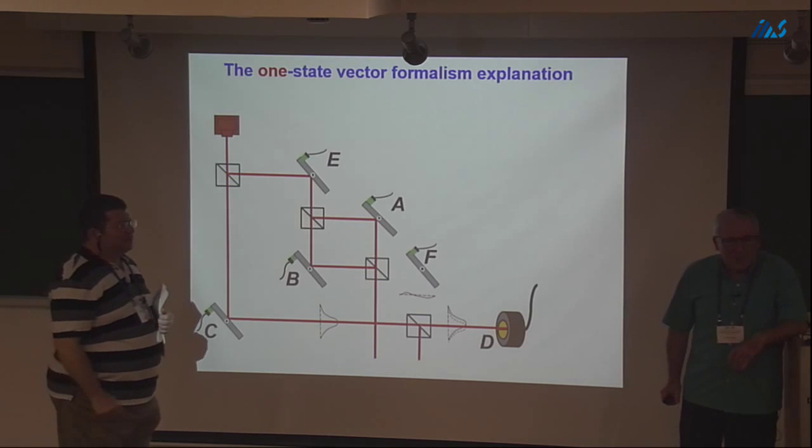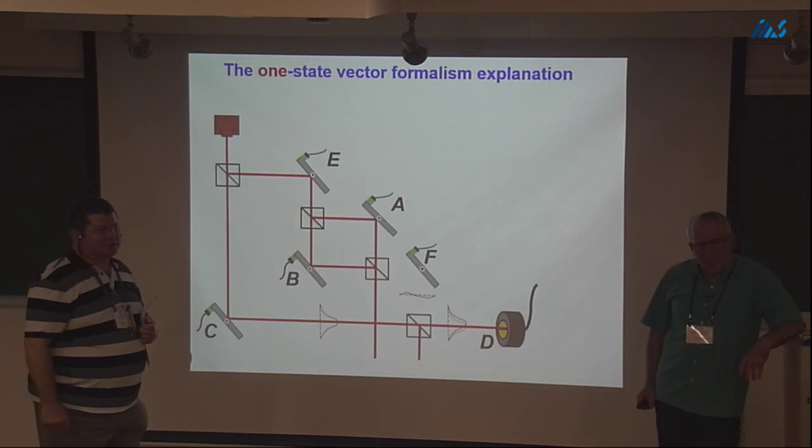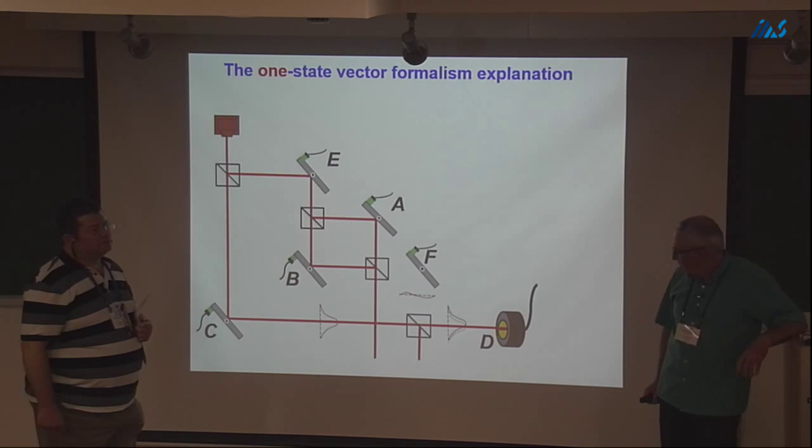Okay, so for me, this experiment, the two-state vector formalism, is very interesting because I always talk about the time reversal symmetry between the initial condition problem and the terminal condition problem. The backward path is actually the terminal condition problem. So I think this is a way you can analyze the terminal condition problem.